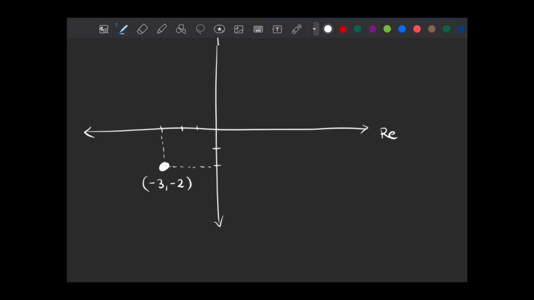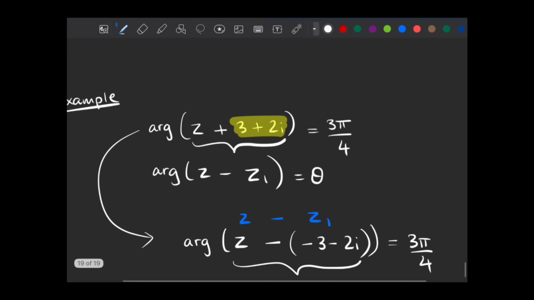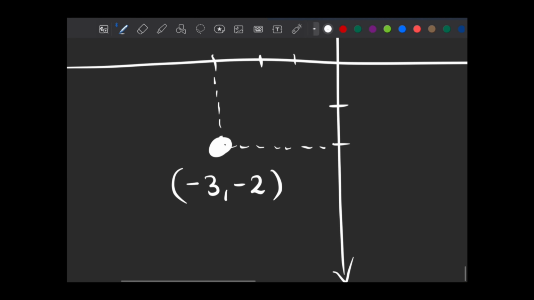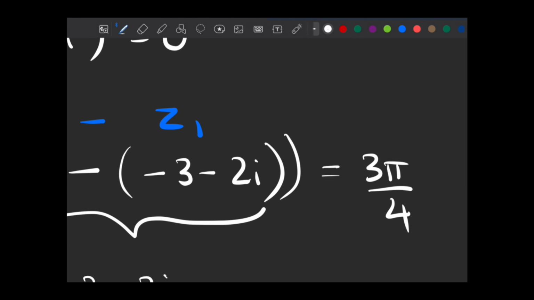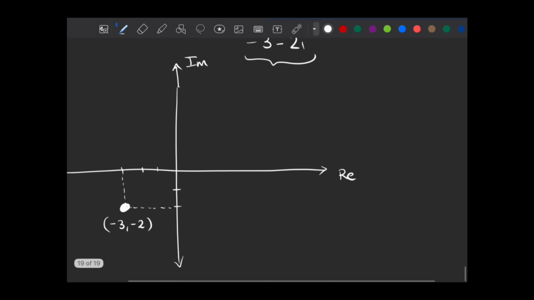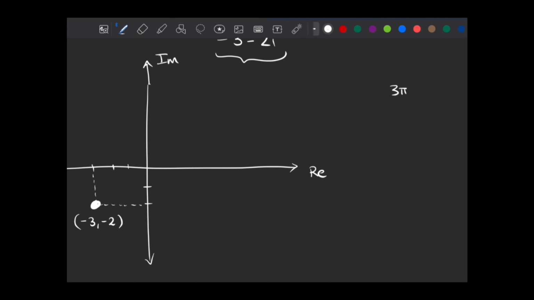And we want the locus of points such that the argument of z minus this point is the angle 3 pi over 4. 3 pi over 4, which is an angle in radians, is 135 degrees, because pi radians is 180 degrees.